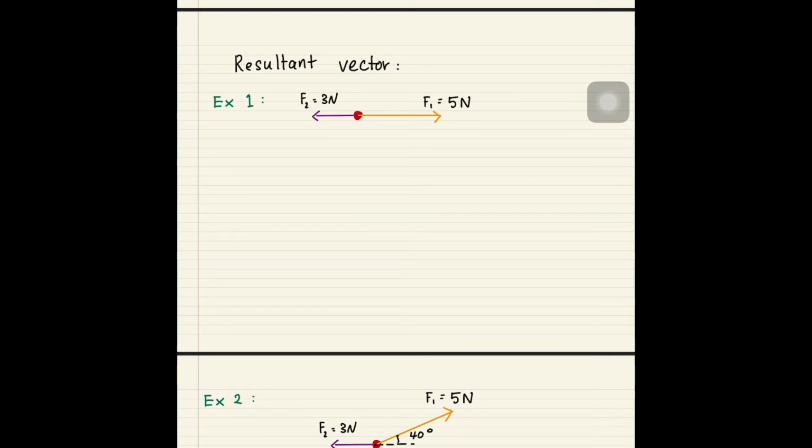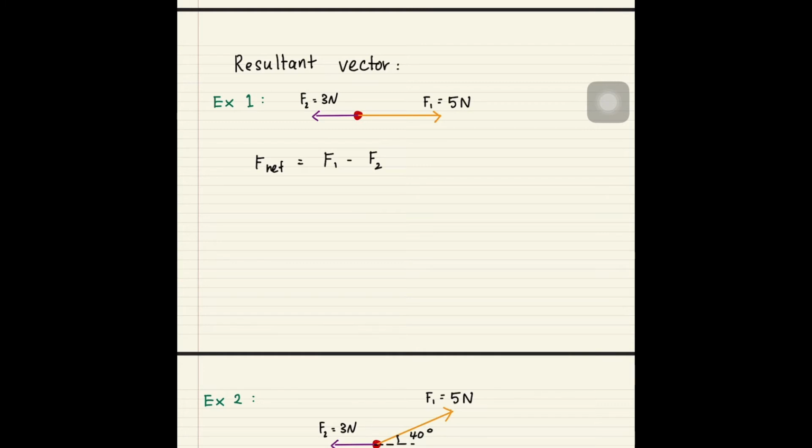So you can see that both of these vectors lie on the same axis, both in the x-axis. So this one is easy. To solve this one, F net is basically F1 minus F2. Why F1 minus F2?